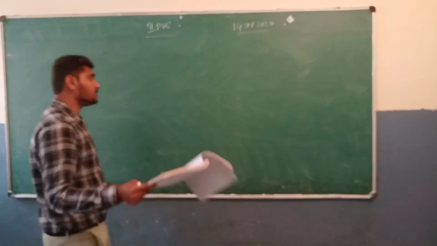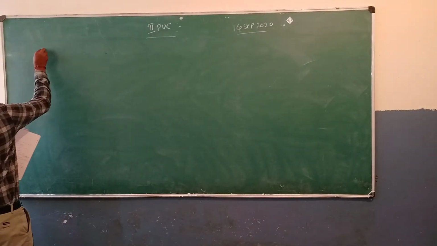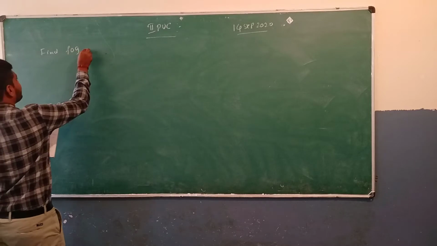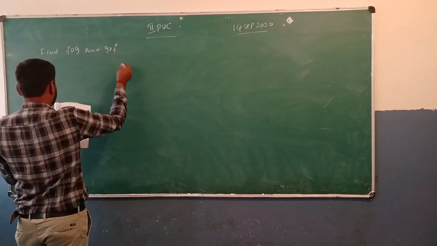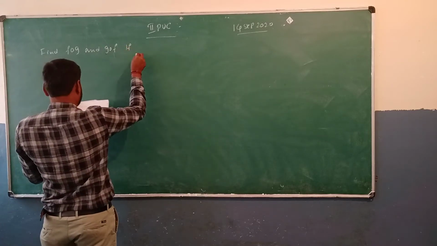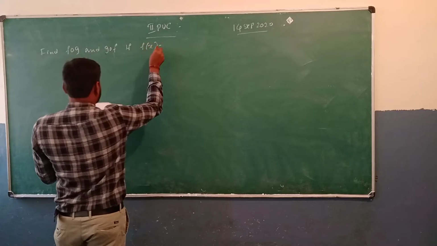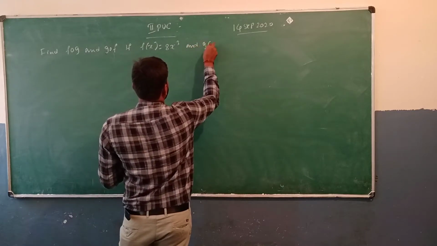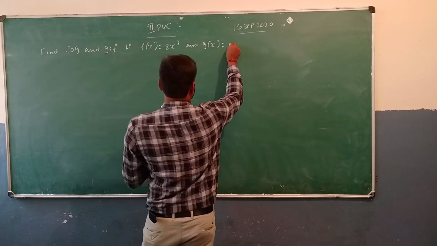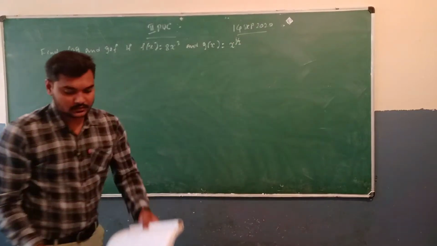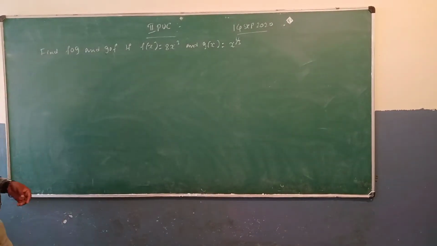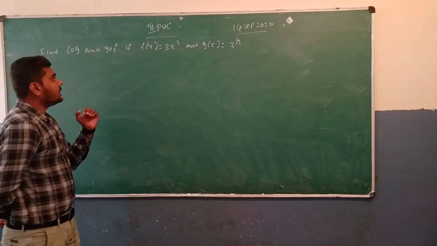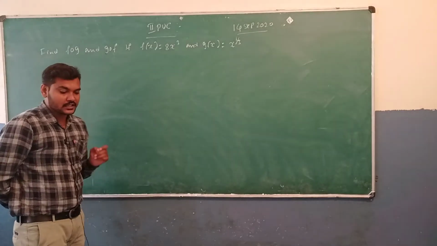So here the first question is: find fog and gof if f of x is equal to 8x cube and g of x is equal to x to the power 1 by 3. Observe the question carefully. We need to find fog and gof if f of x is equal to 8x cube and g of x is equal to x to the power 1 by 3.